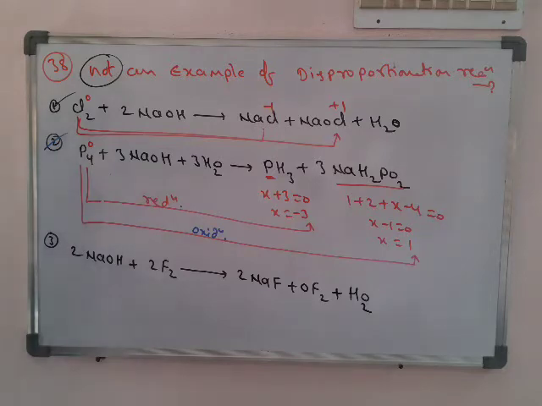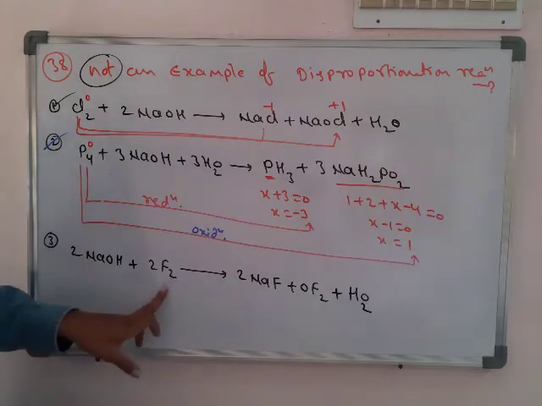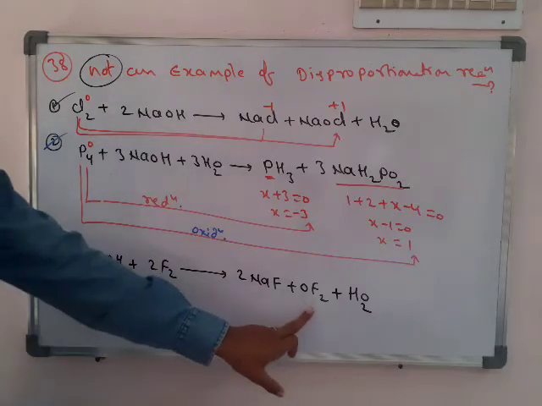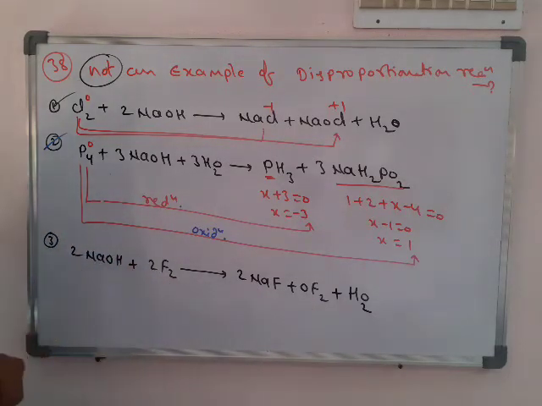Next, is there any change in the oxidation numbers? Here fluorine is also -1, here also -1, -1. There is no change in the sodium oxidation number. So I think it is not an example for disproportionation.